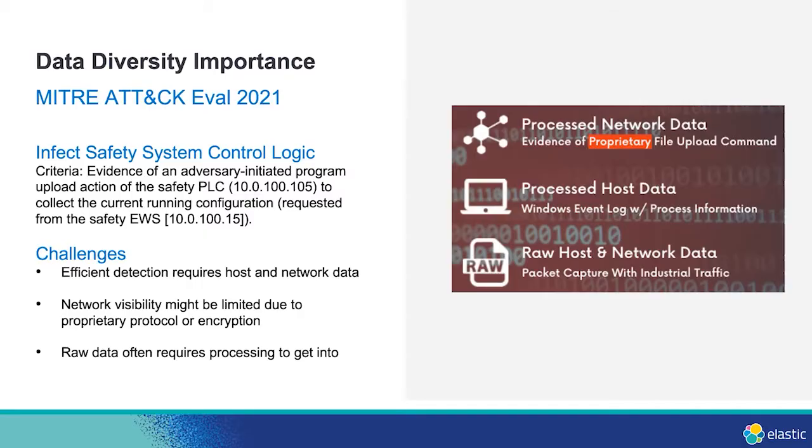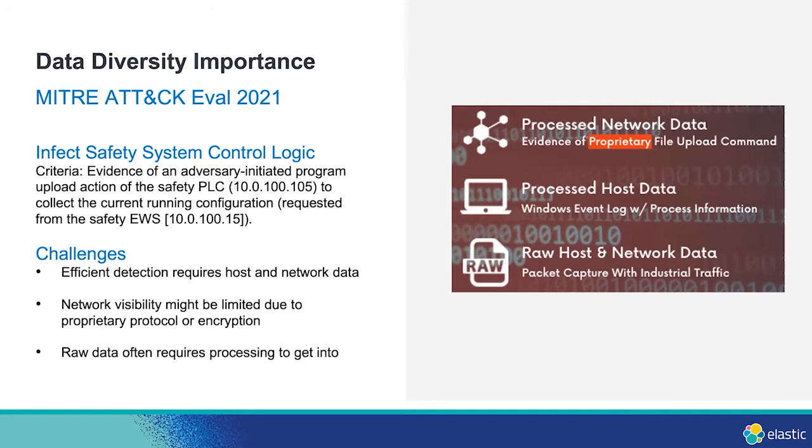I'm not going to get too deep into the details, but the high level is that this is looking at the characteristics of different communications, some of that metadata. But to find this very specific event, you need network and host data, like we were saying.